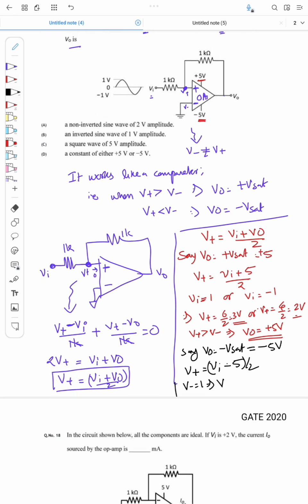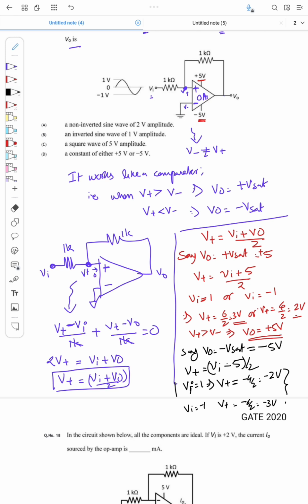V plus will be equal to minus 4 by 2, or minus 2 volt, and if Vi is equal to minus 1, V plus will be equal to (minus 1 minus 5), so minus 6 by 2, or minus 3.